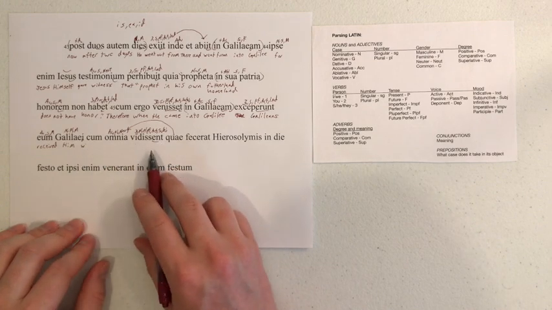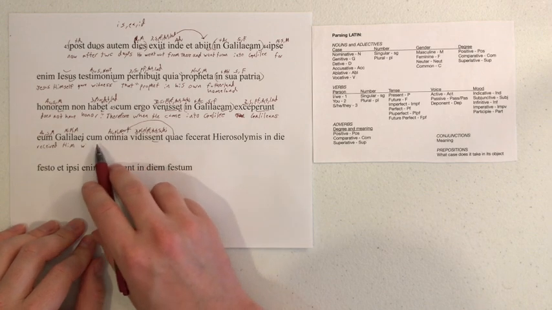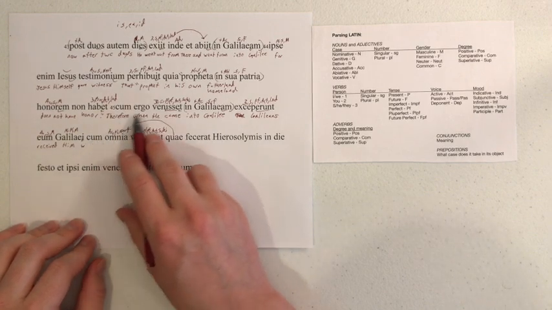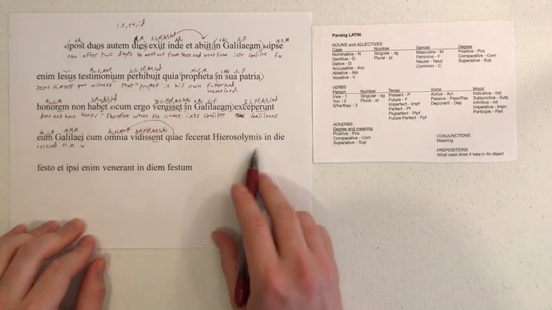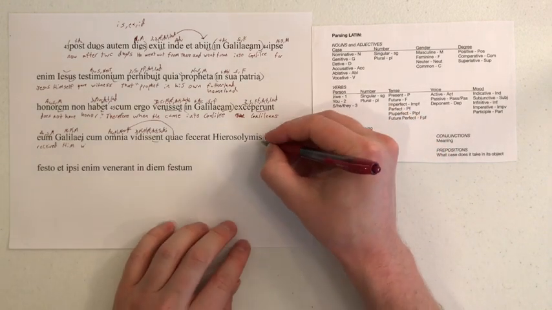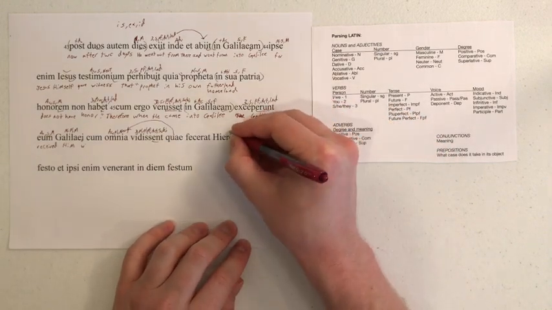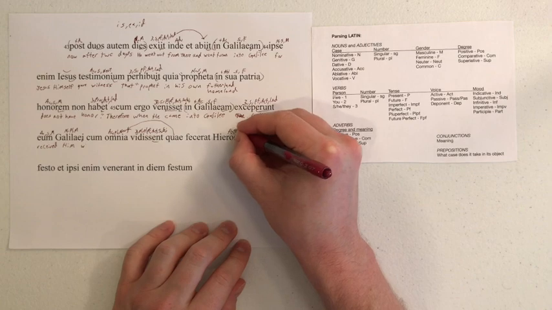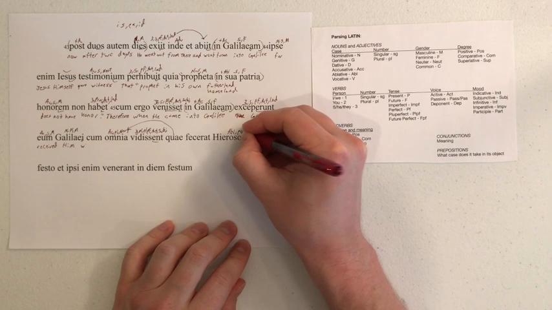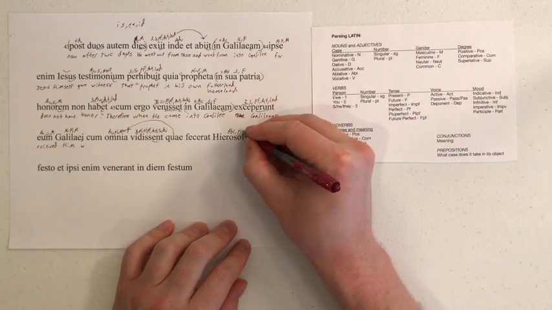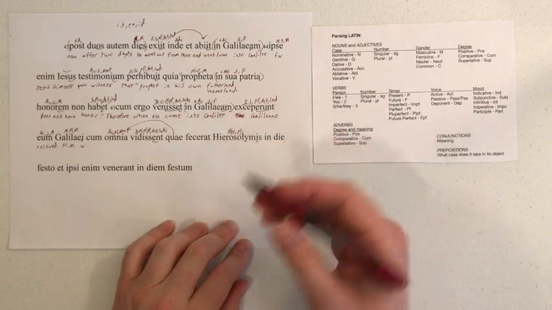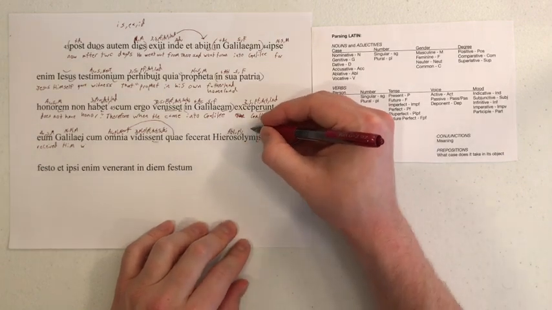When they had seen, this doesn't make sense for it to be a temporal cum clause, considering what's happening right here. We've got Hierosolymis right there for the ablative plural in the loose sense, because Jerusalem is naturally a plural word in Greek and in Latin.